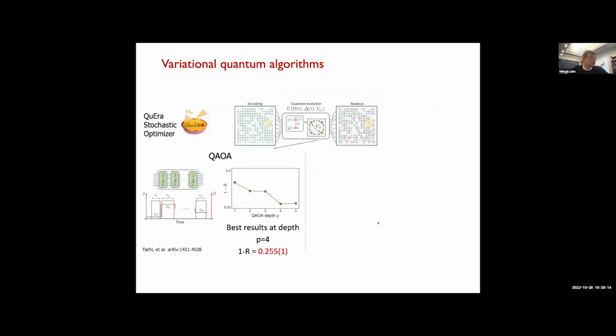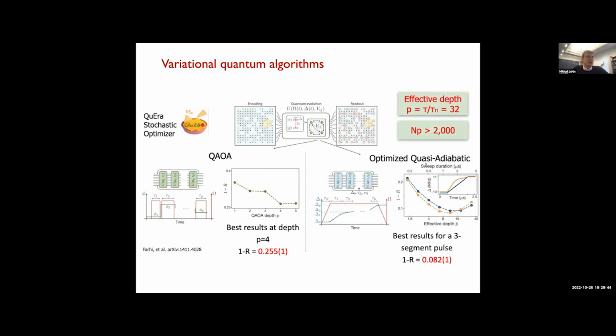One of them is that we tried to use different types of algorithms. One of them is the quantum approximate optimization algorithm, and it performed okay. We were able to push it to a depth of 4 or 5 with some improvement. But it turns out that these results are completely outperformed by an optimized quasi-adiabatic algorithm, where we design the system such that it deliberately doesn't go too far away from the ground state during the entire evolution.